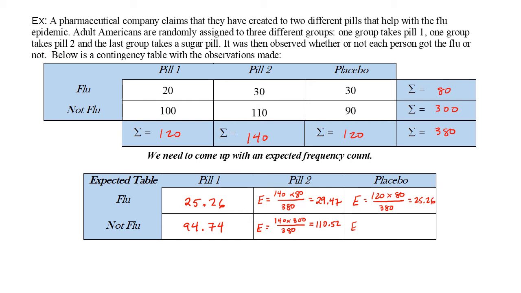And then for this one, we'll get something similar to what we got over here, because again we're doing the total in the column, which was 120, times the total in the row, which was 300, over 380. And we get essentially exactly what we got back here, because those are the same totals. So 94.74.